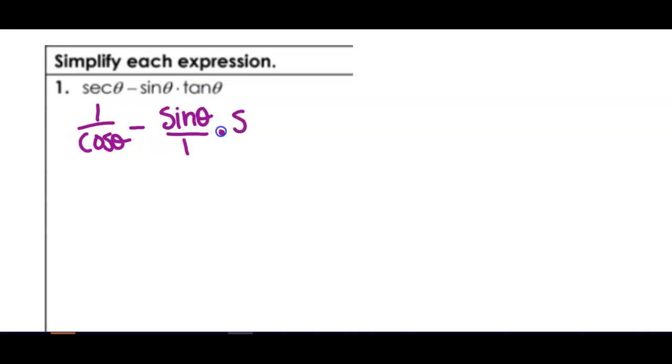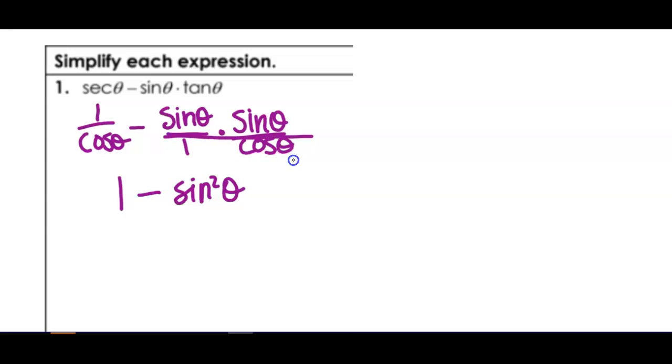Well, tangent is sine over cosine. So if we combine these two, we have 1 minus sine squared. And this one was over cosine, and this one is over cosine. So if we combine it into a single fraction, they have a common denominator.